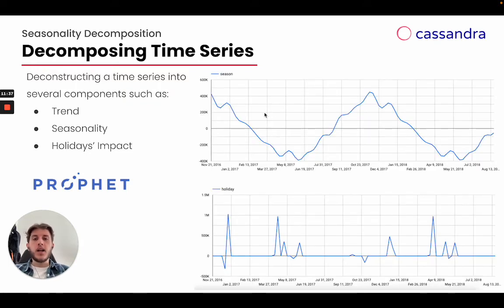So up here, for instance, you have your seasonality decomposition, and you see we have data from the end of 2016 up to the end of 2018. And you see there is this clear pattern in seasonality where in the last months of the year, we sell a lot more. And then we go down, where right before summer we have our lowest peak. We actually have a negative impact.